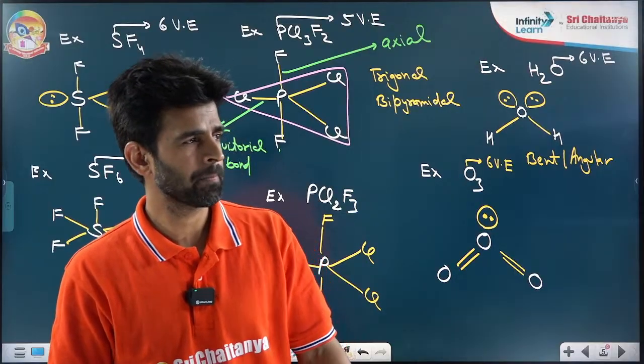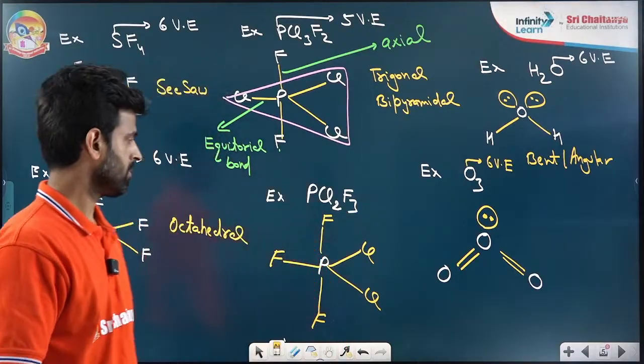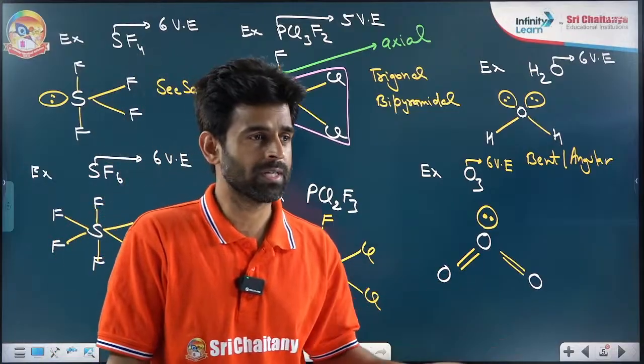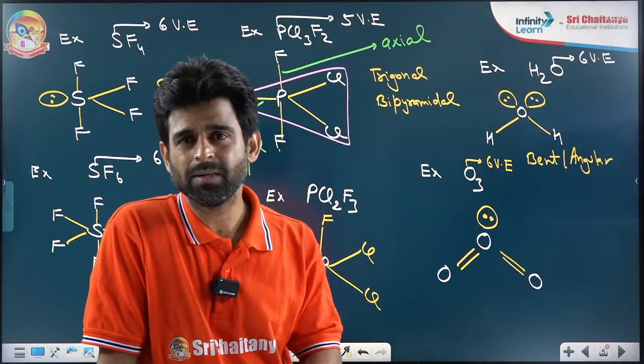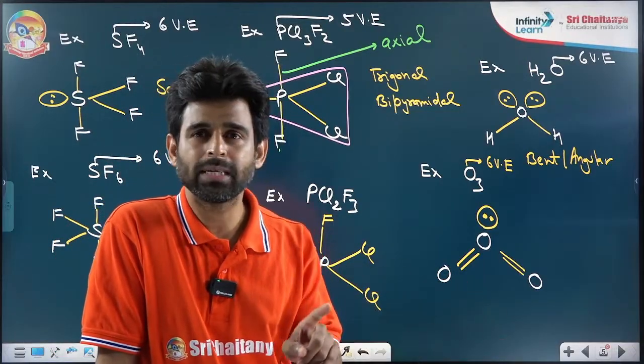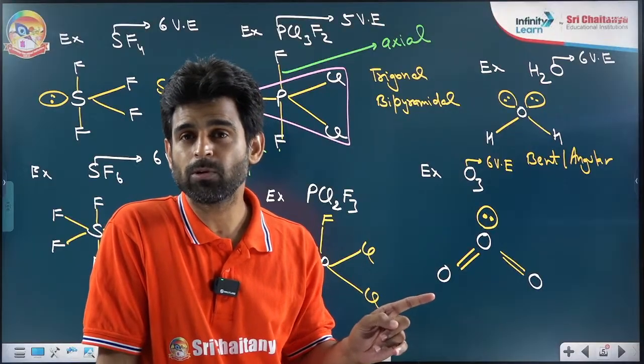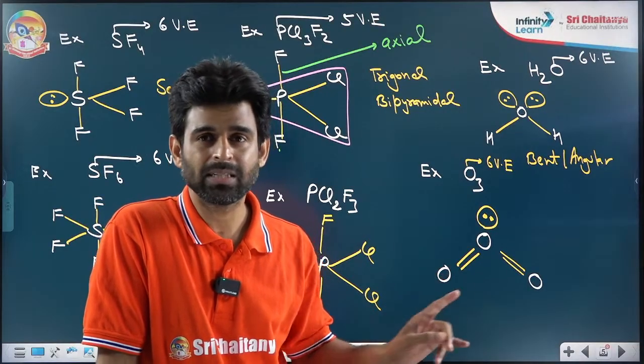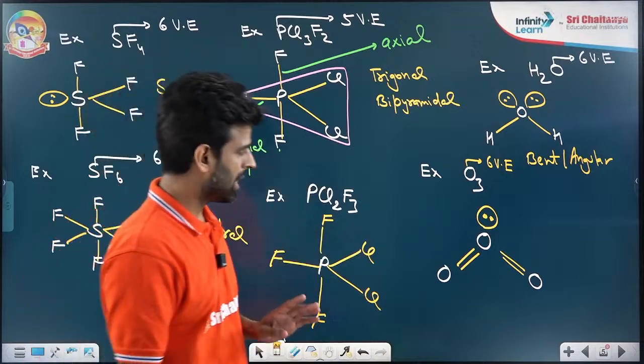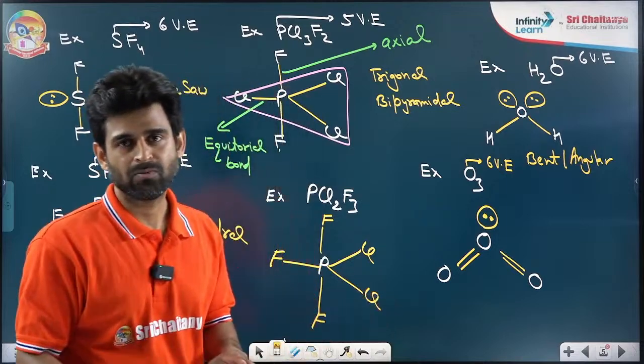Fine. Okay, so we are discussing ozone, right? Remember, oxygen can't have more than how many? It can't have more than 8. In this structure there is some issue, right? So I will think about it again. What to do about this?